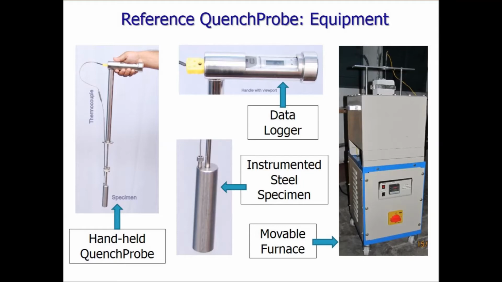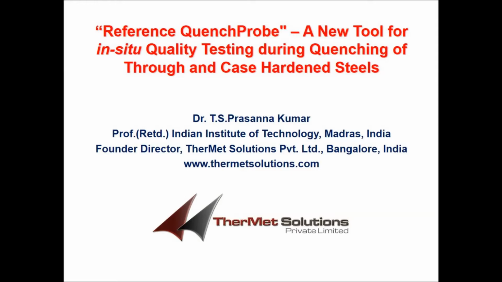An analysis of the cooling curve, which is essentially a process signature, is done later through a very well developed and tested software. In the second part of our presentation on the reference quench probe, we will touch upon some of the important features of the software.